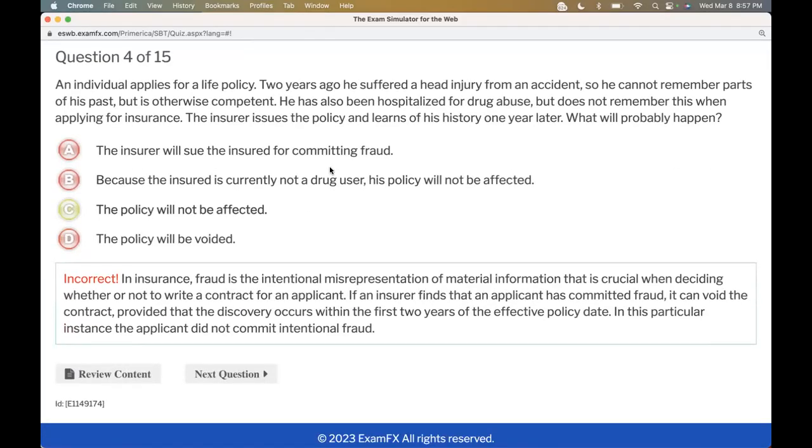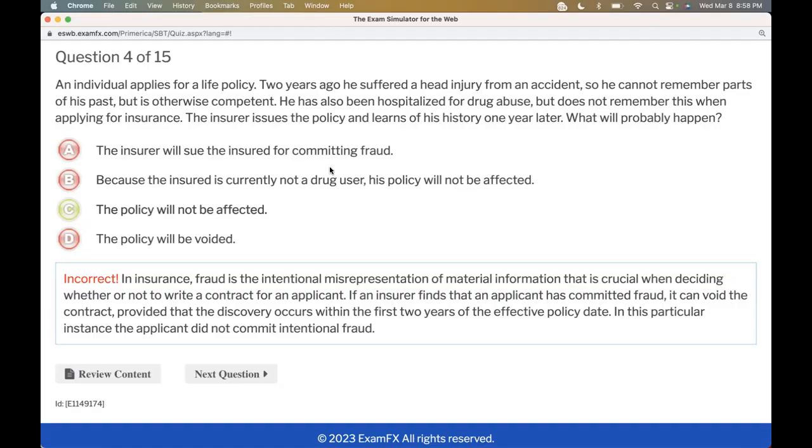In insurance, fraud is the intentional misrepresentation. Got it. He didn't remember, so it was not intentional. And it's material information, crucial when deciding whether to write a contract for the applicant.